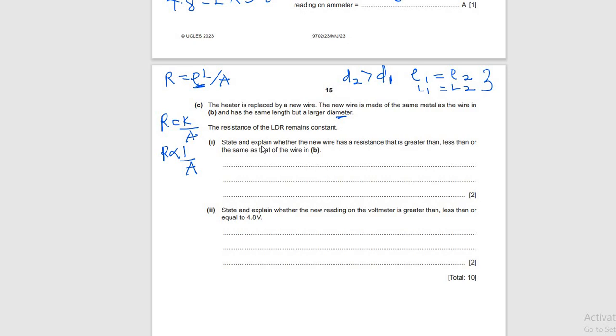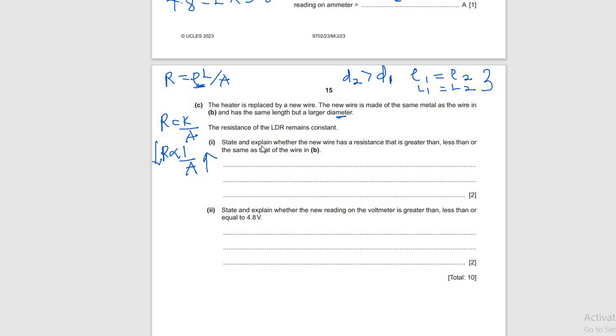Remember that the new diameter is greater than the old diameter. So if diameter is high, area will be high, resistance will be low. So the new wire has a low resistance.